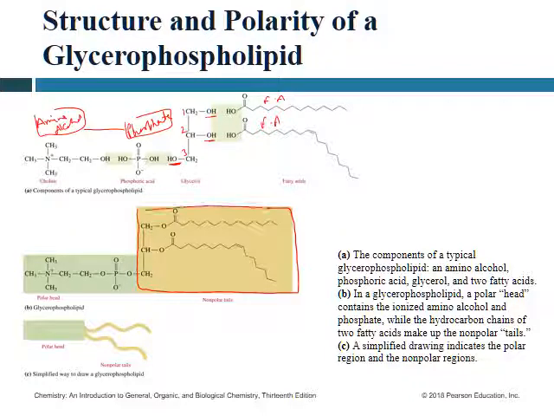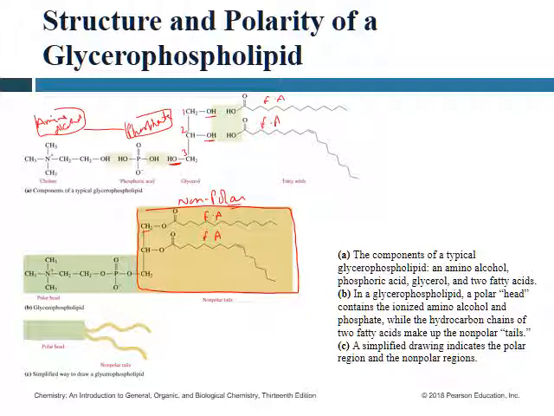If you look carefully over here, this part is the non-polar structure of glycerophospholipid, right? Why? Because this part only contains fatty acid, long carbon chains, and long carbon chains are non-polar in nature, containing just carbon and hydrogen.